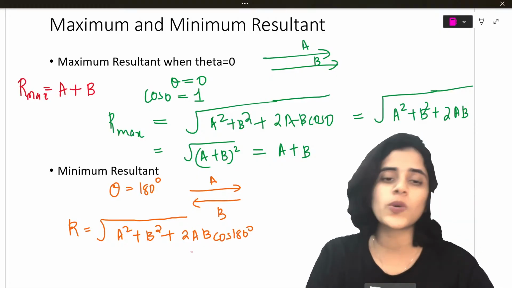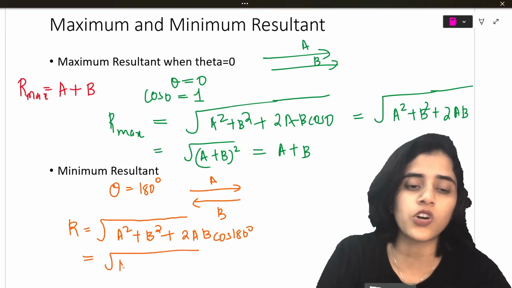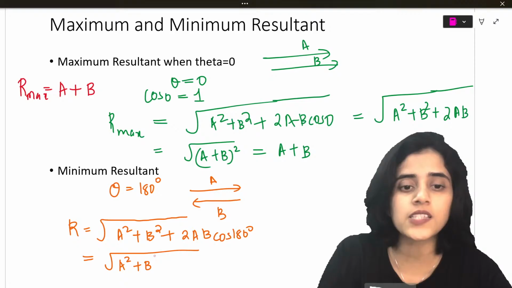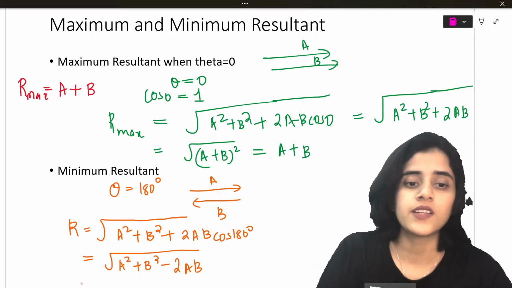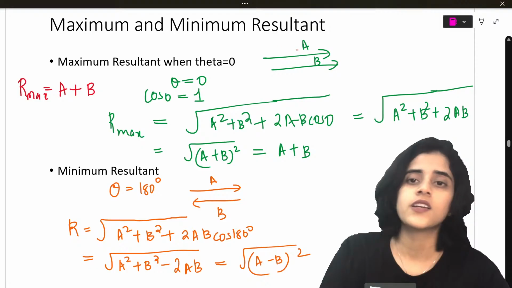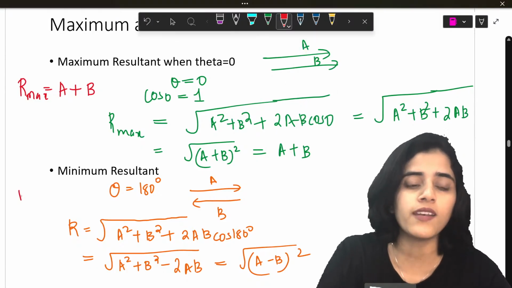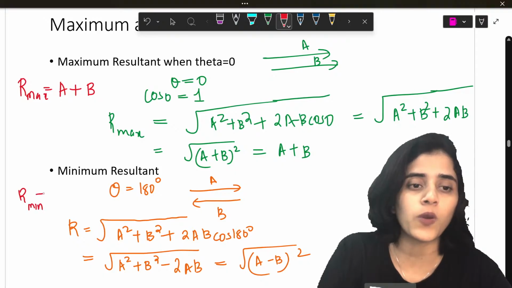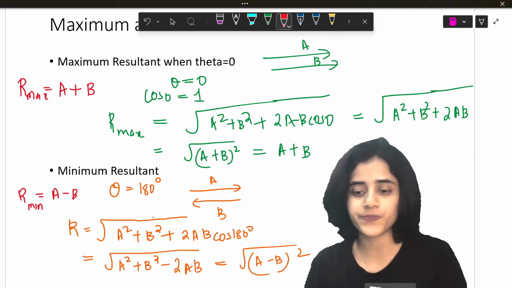Cos 180 is minus 1. So this is square root of A square plus B square minus 2AB. So this is equal to square root of A minus B the whole square. So the resultant is minimum when R is equal to A minus B.